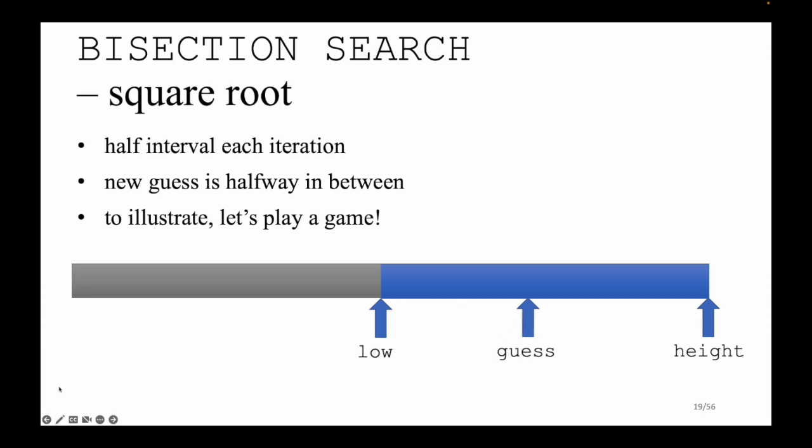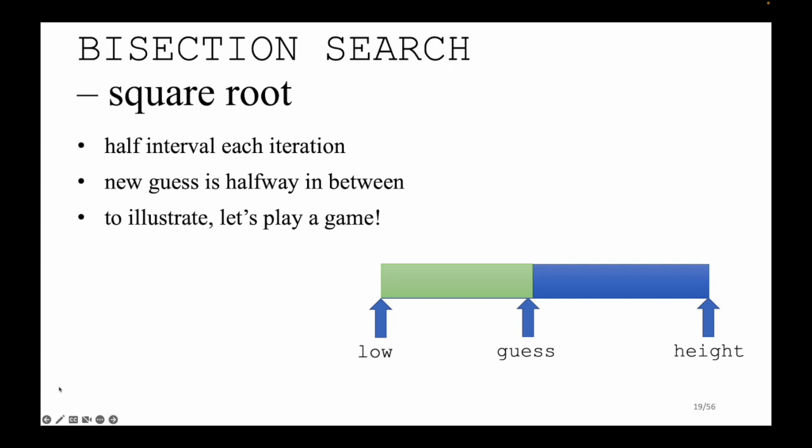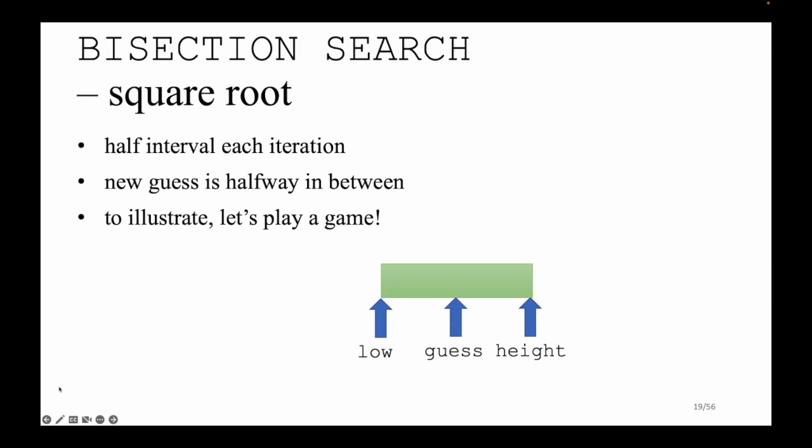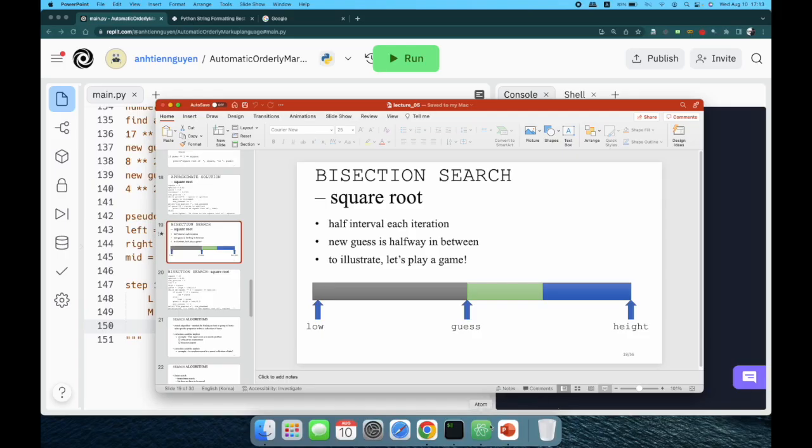Now we have a new guess. The guess is always in the middle. So we ignore the first half. If you want to take this one, you want to remove this one. So we move high to here and we have a new guess, and then we ignore the half interval.